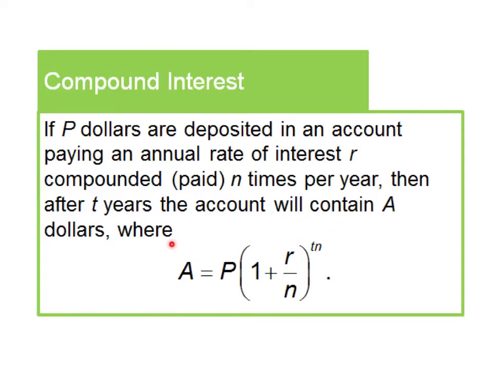So we extend to this formula, and this is the one that you're actually going to be using. We take our principal balance and multiply it by 1 plus the interest rate divided by the number of payments a year, and we raise that quantity to the power of the number of years times the number of payments per year. That's going to tell us the future value of the account.